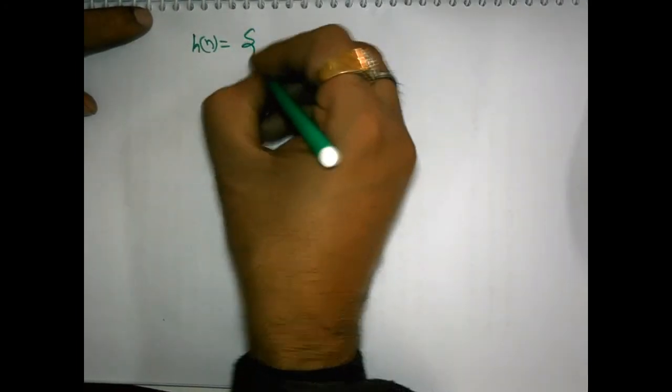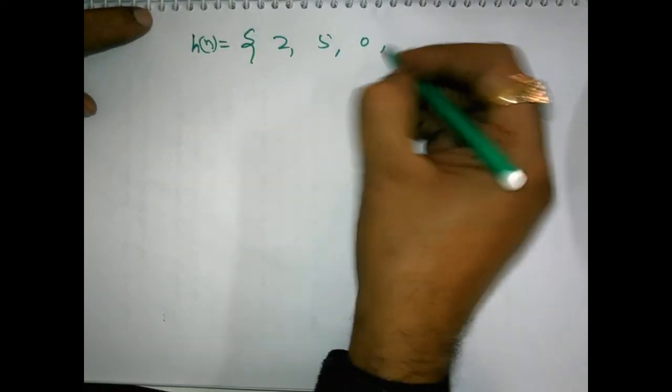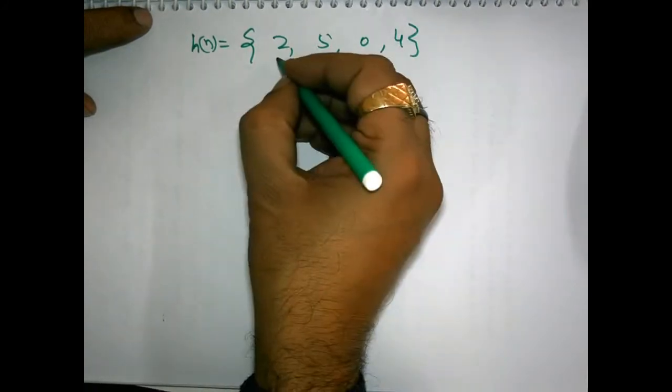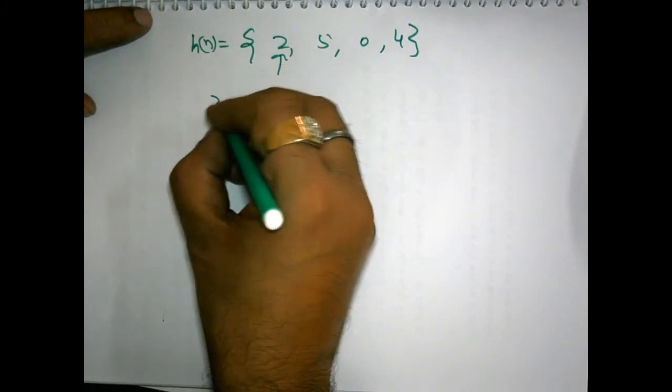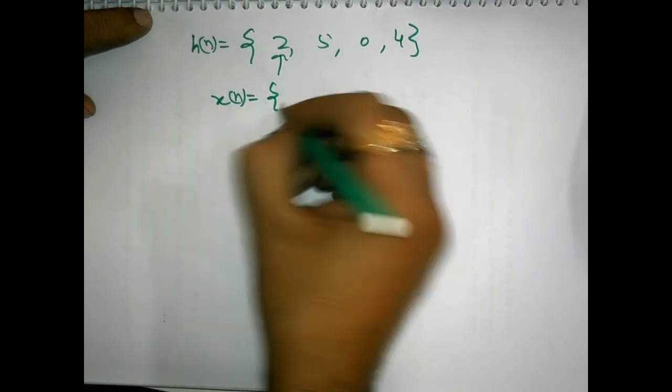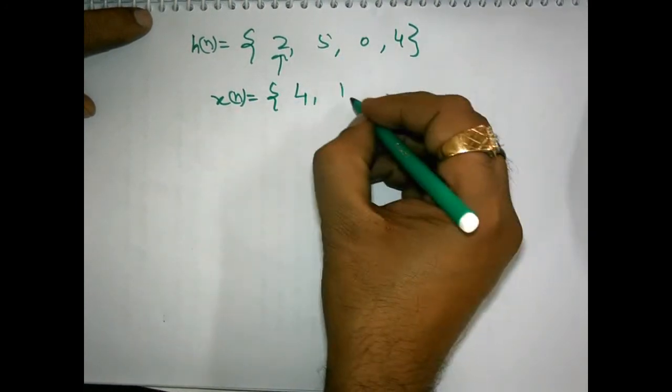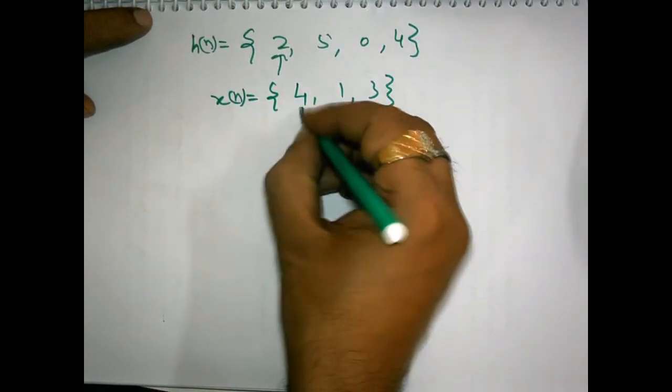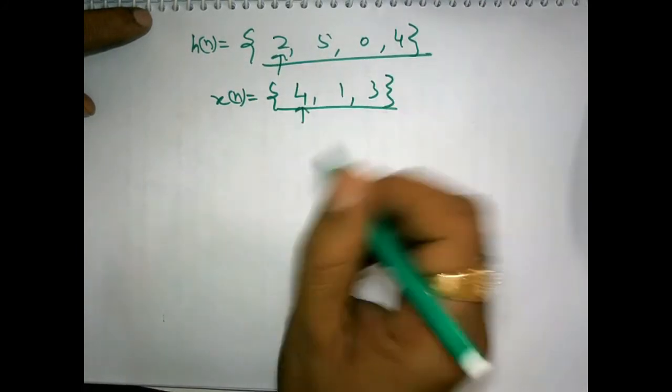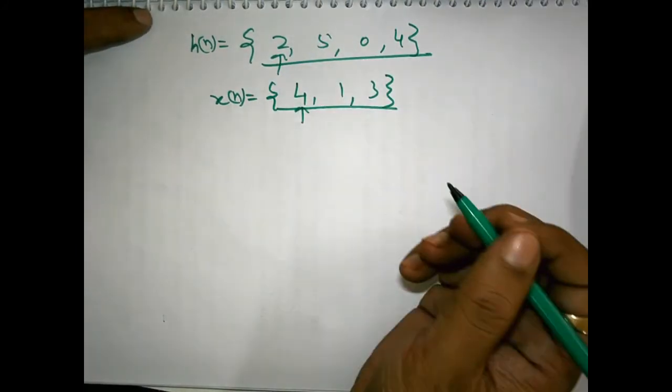Suppose if hn is given to you, the same hn I am taking 2, 5, 0, 4 and xn is 4, 1, 3. We will form a polynomial in w or z.